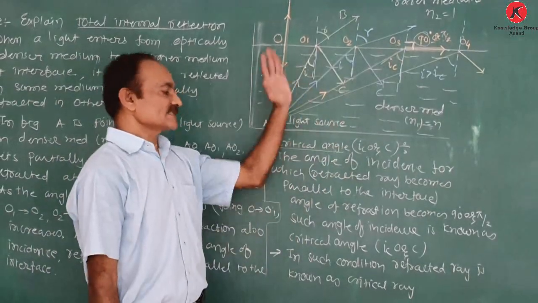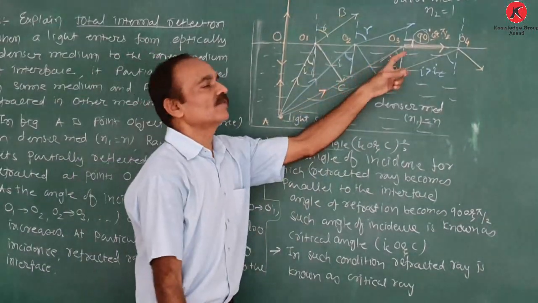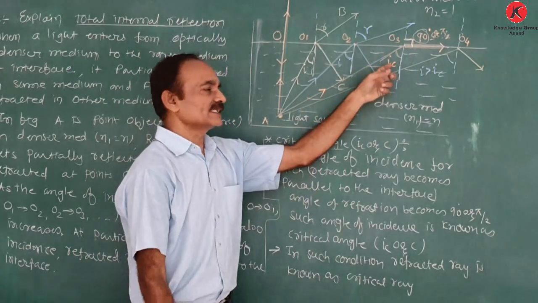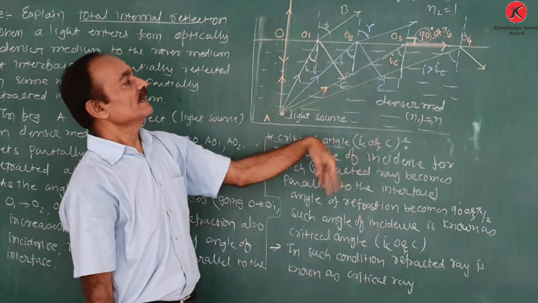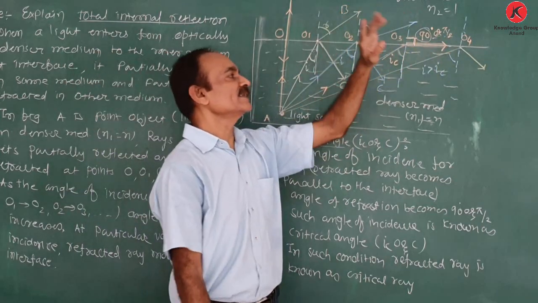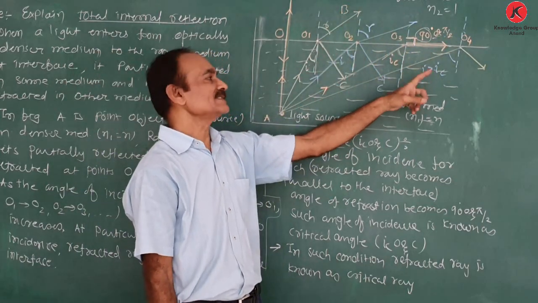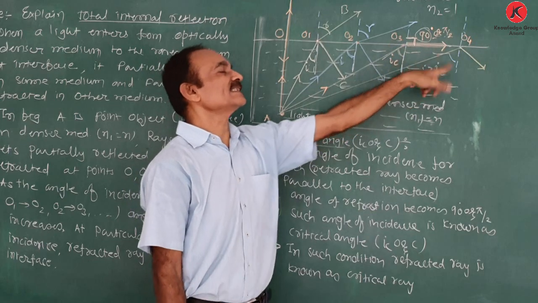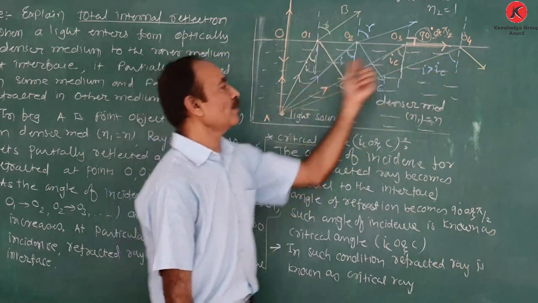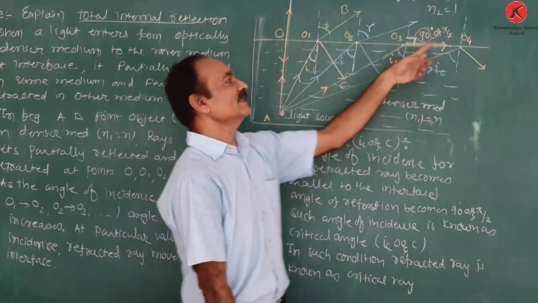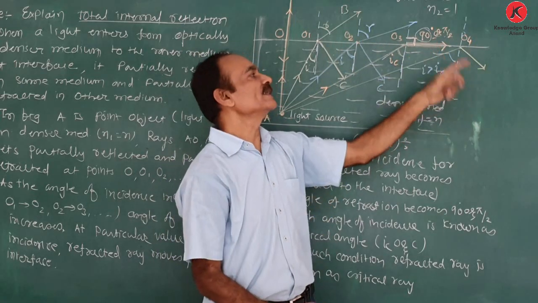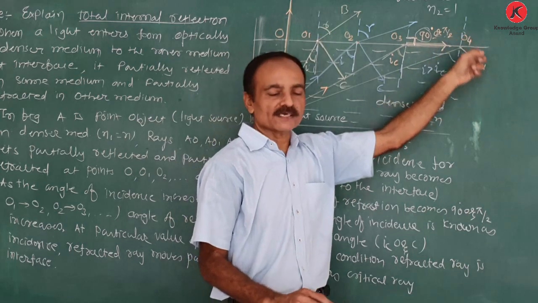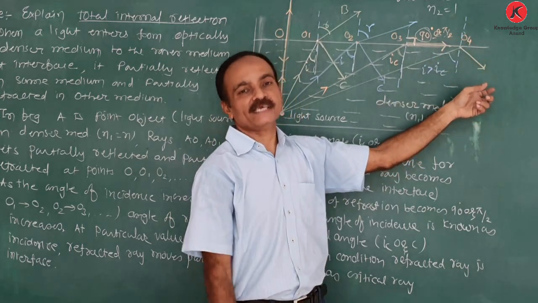Now, so there is the definition of critical angle. Now, what happens as we further increase the angle of incidence, that means the angle of incidence is more than the critical angle, or AO4? Here, the refraction phenomenon does not take place. Only this ray is 100% reflected back in the same medium.